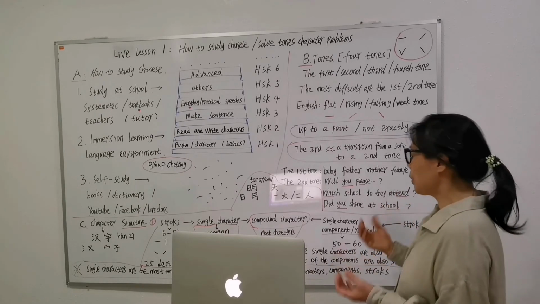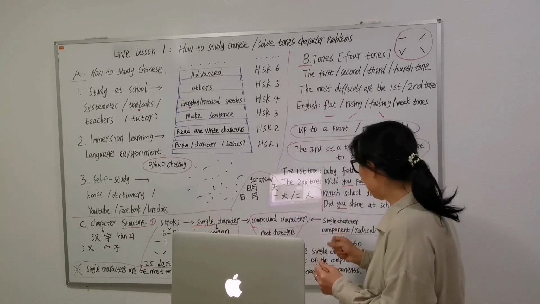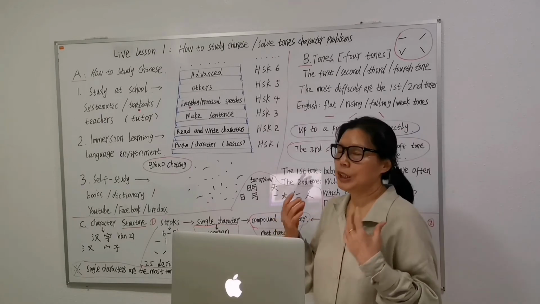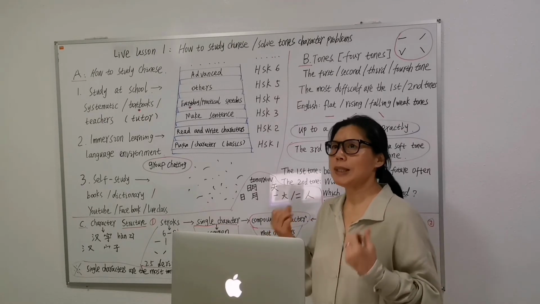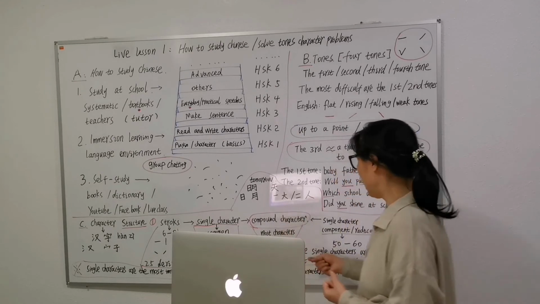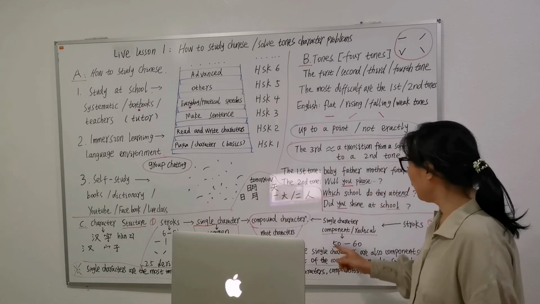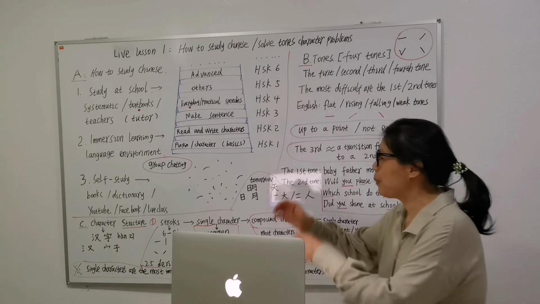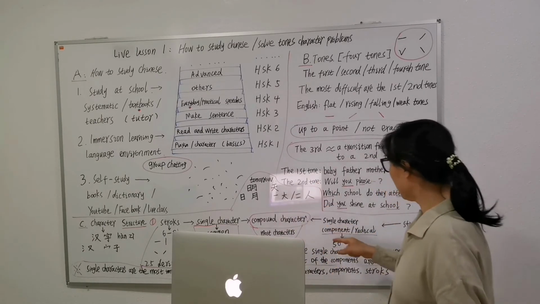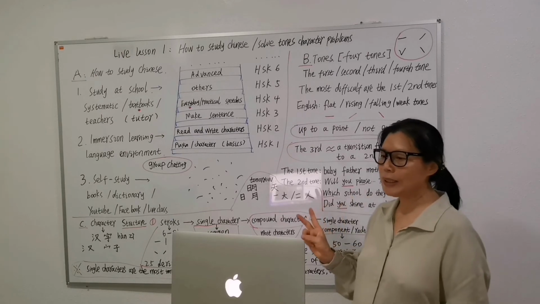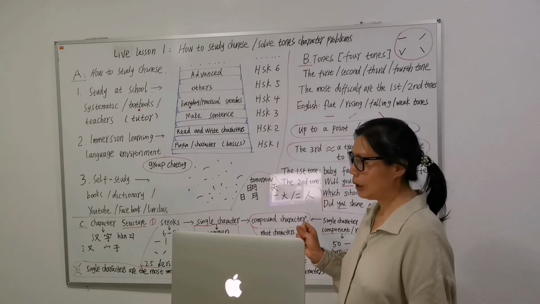That's to say, there are overlaps between single characters and components. The pure components, except the single character components, are only a dozen to 20.